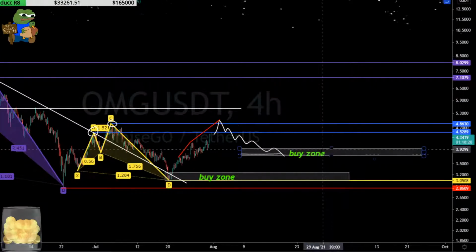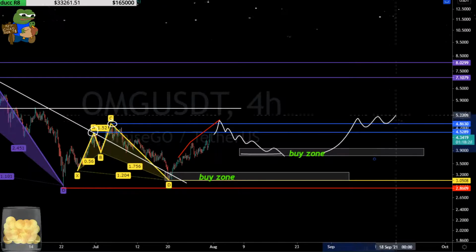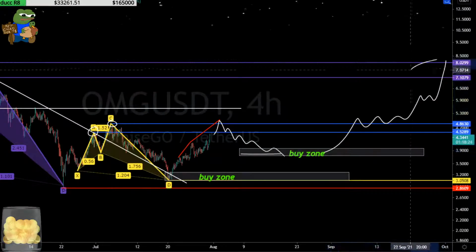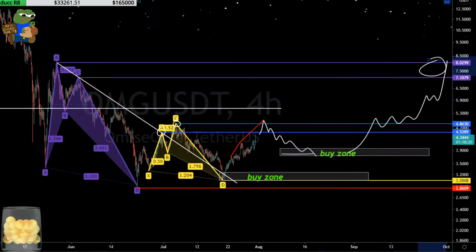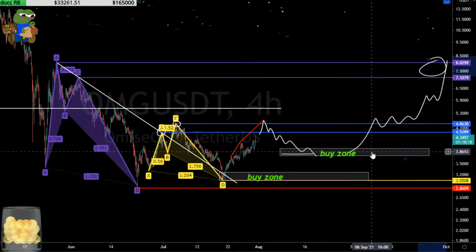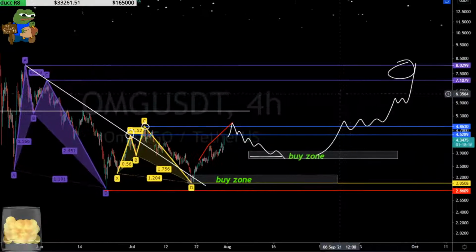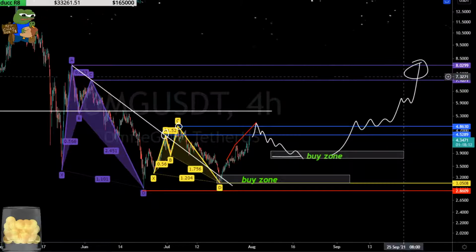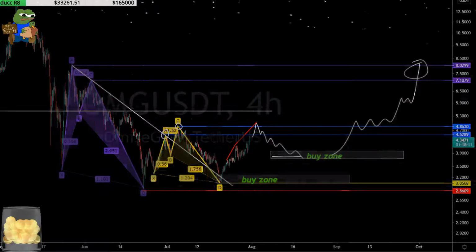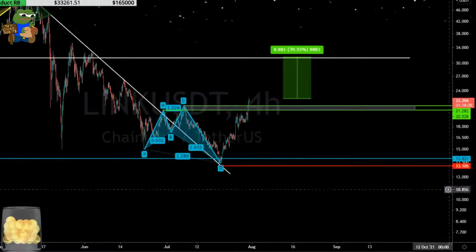You would rally from here up into the $7-8 area. So if you get the $4 backtest, you rally from $4 to $7 or $8. Okay, so that's OMG.